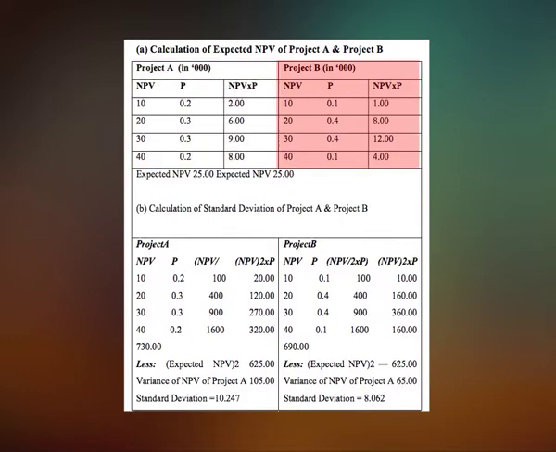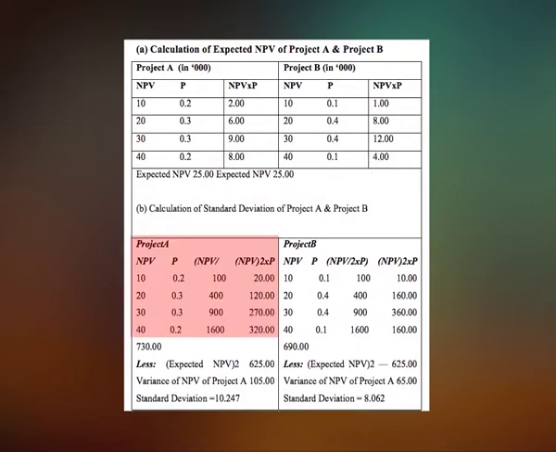Similarly, for project B, net present value 10, 20, 30, 40, probability 0.1, 0.4, 0.4, 0.1. Then NPV multiplied by P is equal to 1, 8, 12, 4. So, expected NPV is 25 for project A, and for project B the expected NPV is 25.